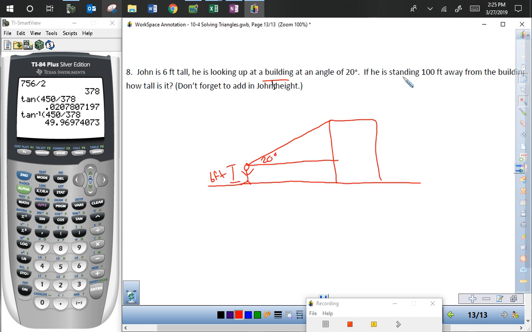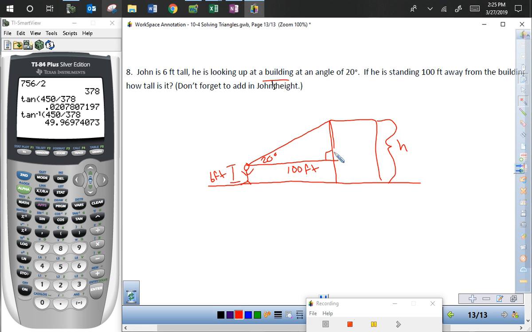Then it says he's standing 100 feet away from the building. So from John to the building is 100. We could label that on the ground, but you'll notice we just formed a right triangle. So put that 100 right on the triangle itself. The reason we need to do that is because we need to find the height of the building. Well, the height is this entire length here.